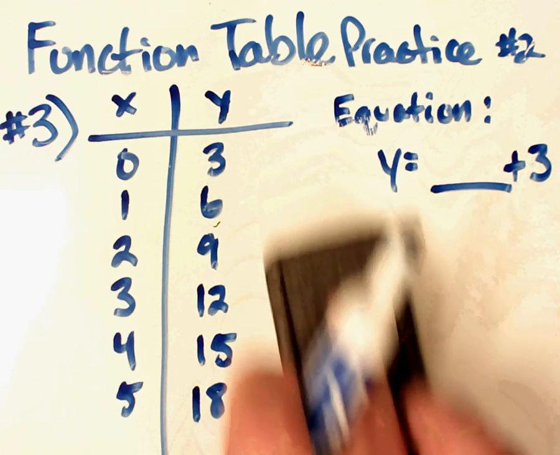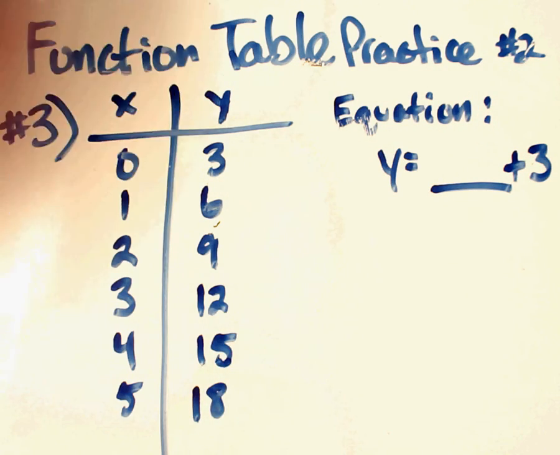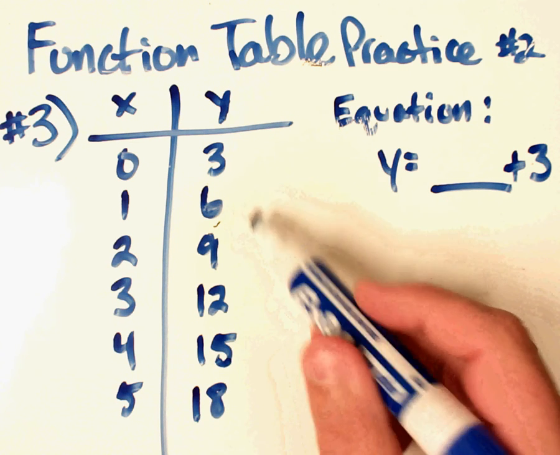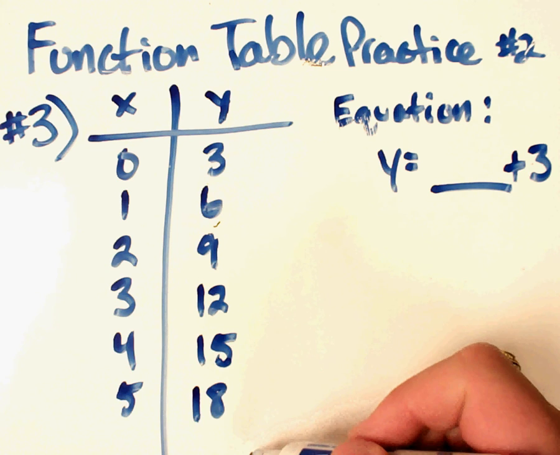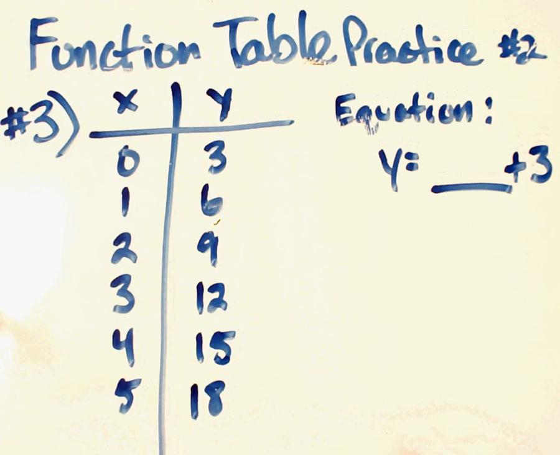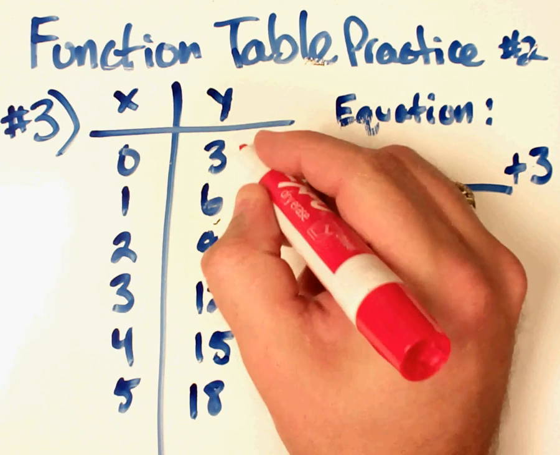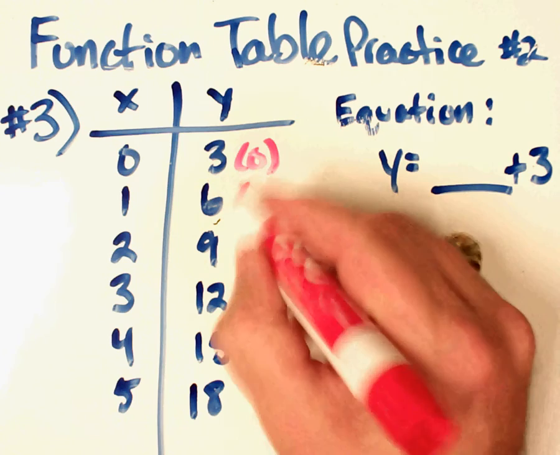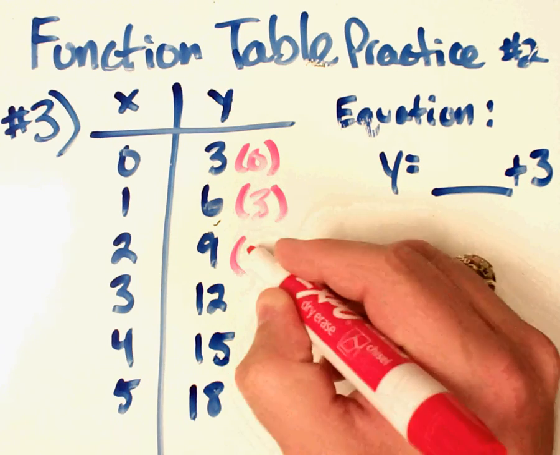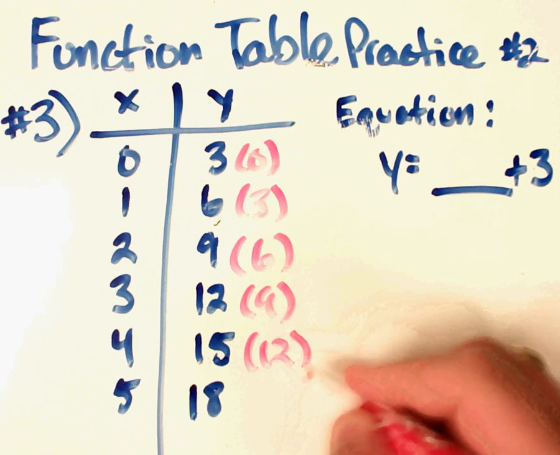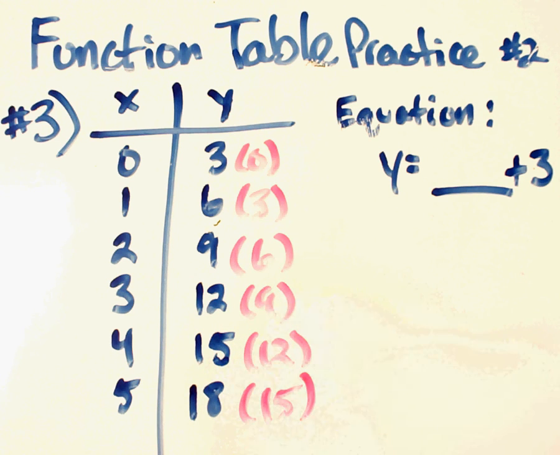Okay, so because I know that I'm adding 3 to the end here, I'm going to go back and look at my outputs. And I'm going to subtract 3 from my outputs. Okay, now I think we might be onto something here.